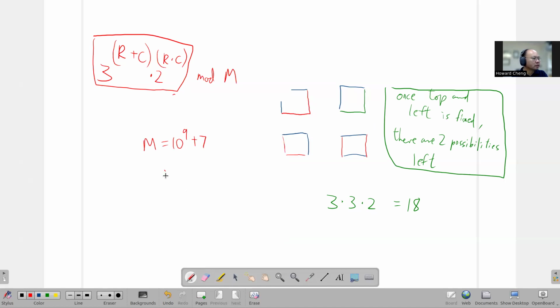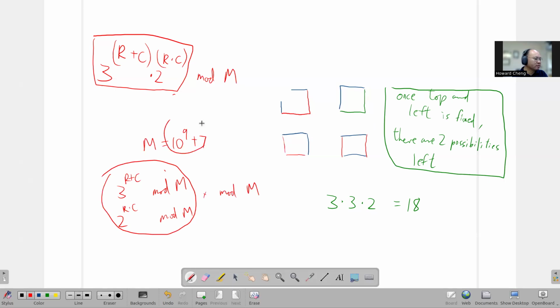All right. How do you compute this? So first, we want to compute this mod m separately. We want to compute this mod m separately. And then once you know the answer, then you can take these two and then multiply mod m.